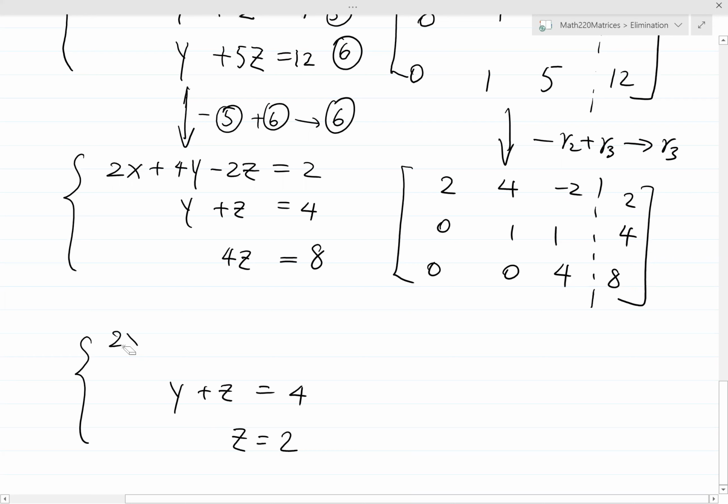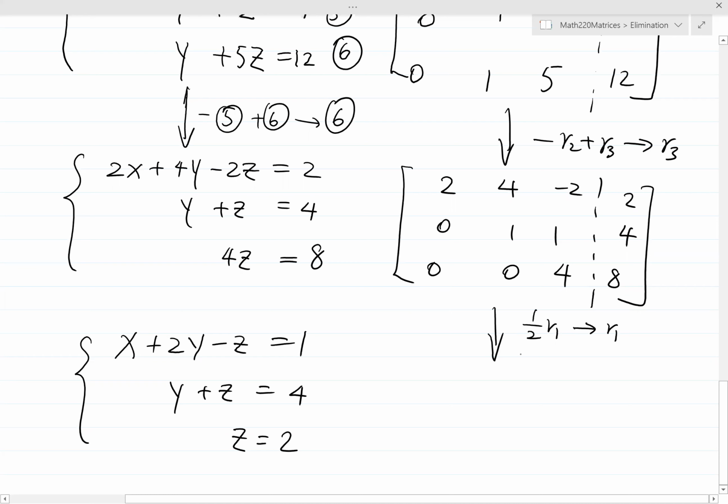This equation we can also clear the factor 2. 2x plus 4y minus 2z is 2. We can divide by 2. So we get x plus 2y minus z is 1. So the corresponding row operation is R1 divided by 2, 1/2 R1, replace R1.